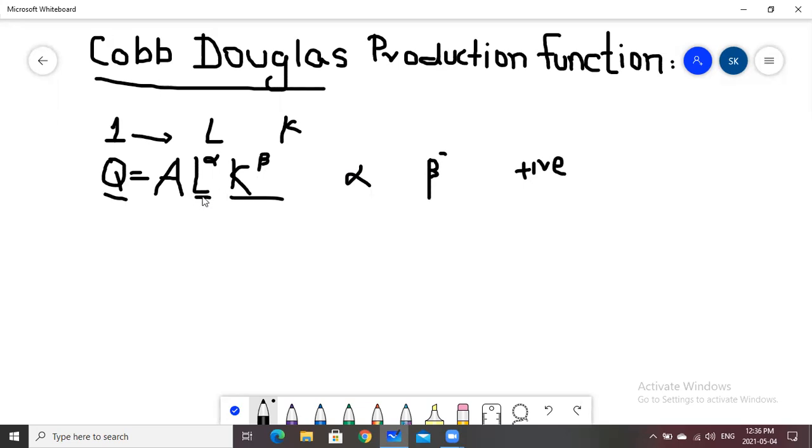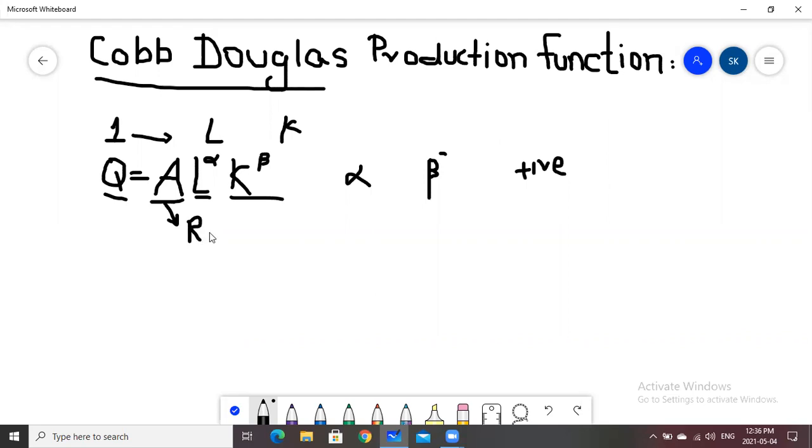Labor L denotes the labor and K is used for capital, and the part of output which cannot be explained by labor and capital is explained by the insertion of the term A in this function, which is often known as the residual, or the technical change. So this A is of importance over here.